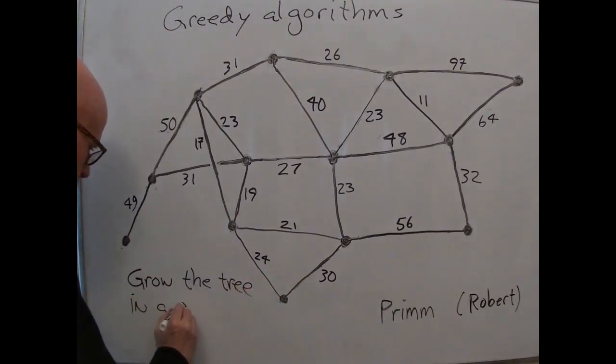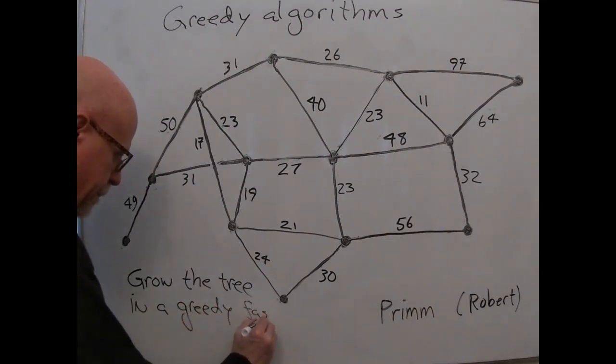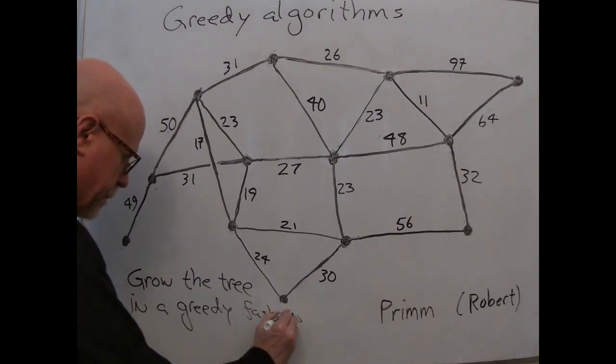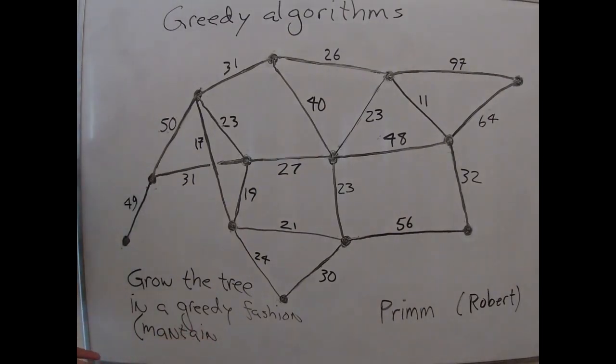Well, maintaining that it's a connected graph at all times. So, maintain connectivity. If you notice, when we did Kruskal's algorithm, you don't necessarily have a connected graph at any time, and certainly finally the last step, because you know that you've got n-1 edges at that point.